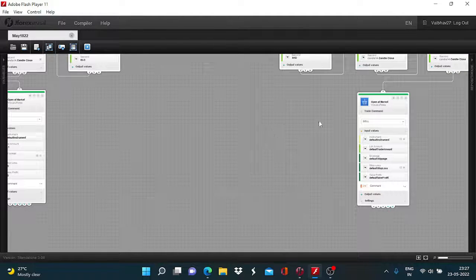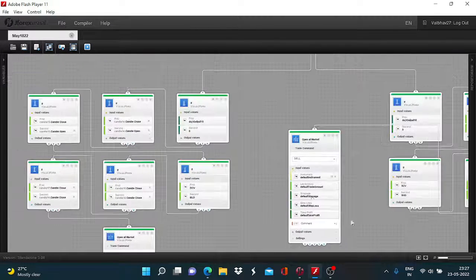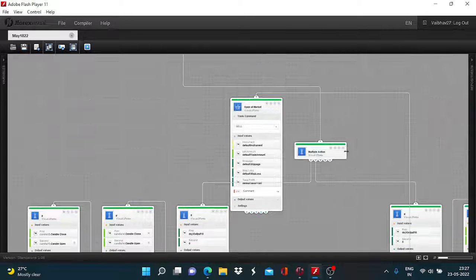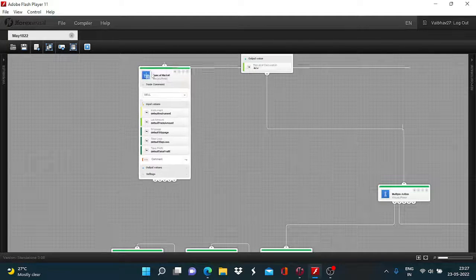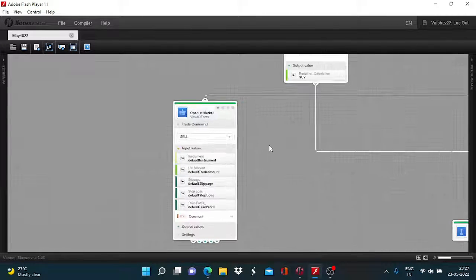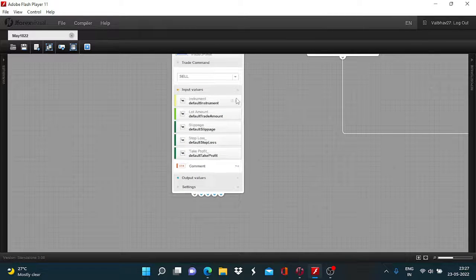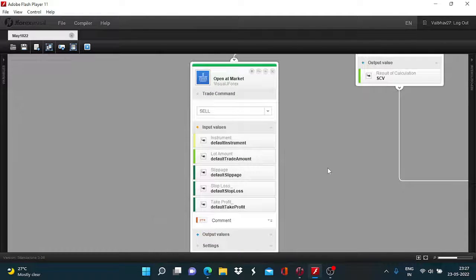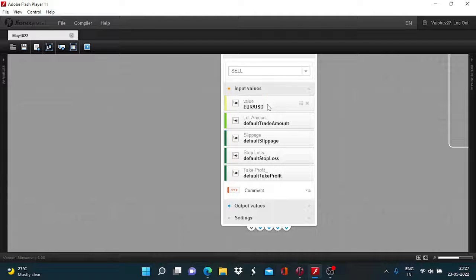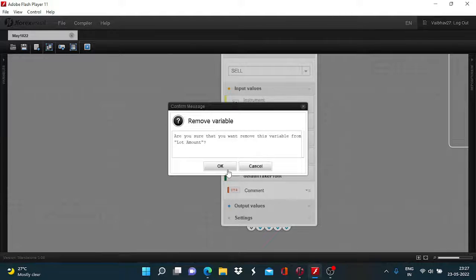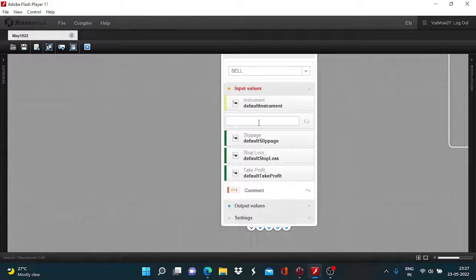Now this is almost complete. All we have to do is define these input parameters. Default instrument remains Euro USD. Trade amount I will change to 0.1 million.